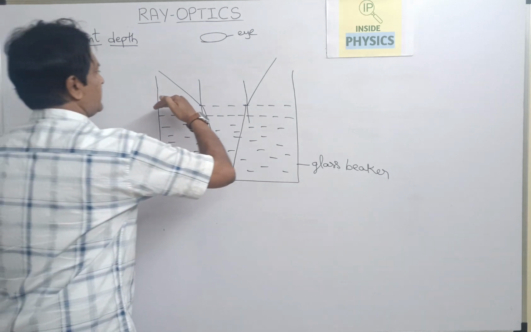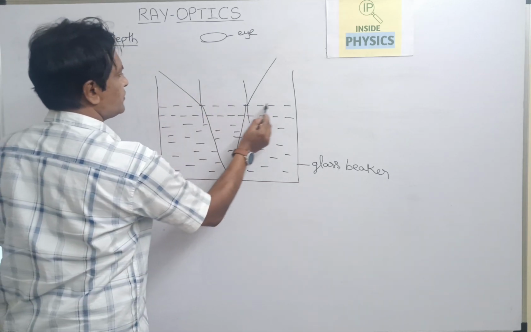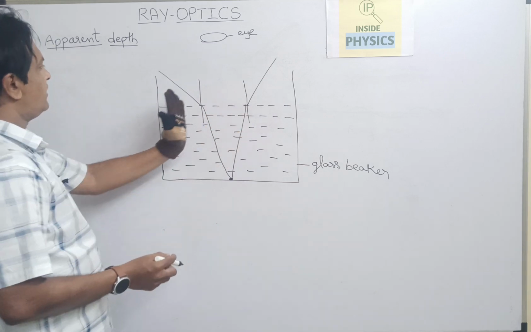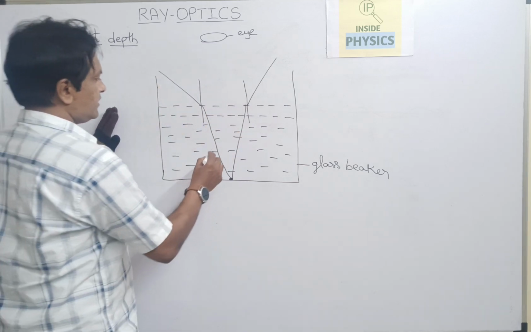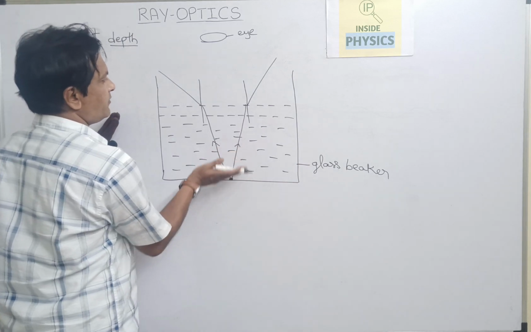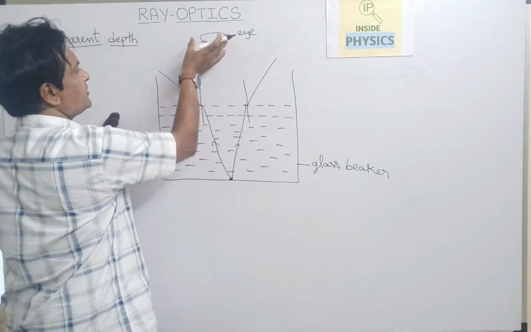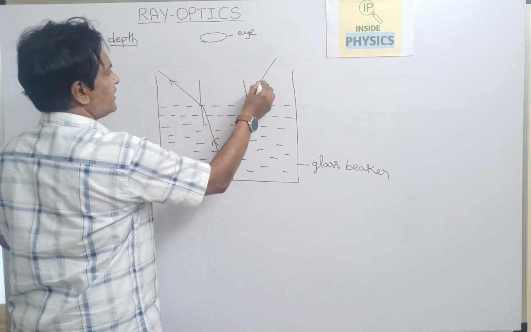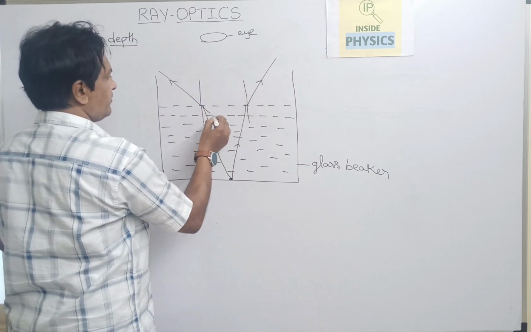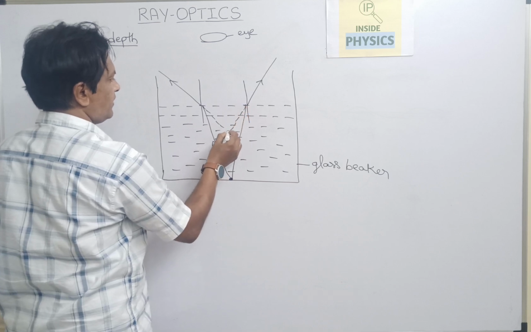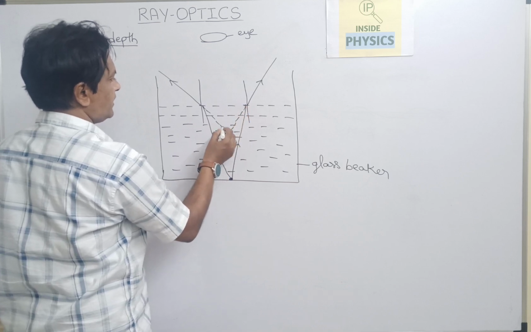If this is the interface of two mediums, and we are drawing two normals to understand the refraction, this is the light coming from the bottom of the beaker. The light rays can be seen by this observer, and actually if you observe the refracted rays, they will meet at a point which is higher than the actual depth.